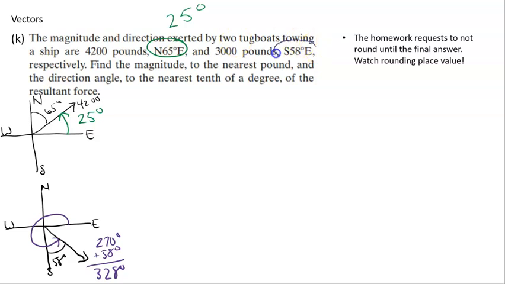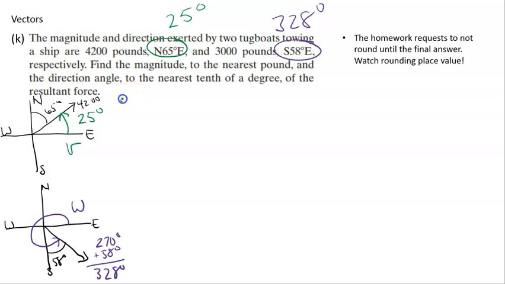So instead of using south 58 degrees east, which is bearing, I'm going to use 328 degrees. And at this stage, keep yourself organized. So I'm going to call that first vector V that I did in green, the second vector W that I did in purple, and then we'll call R our resultant vector. How's that? So I'm going to write the green one first.